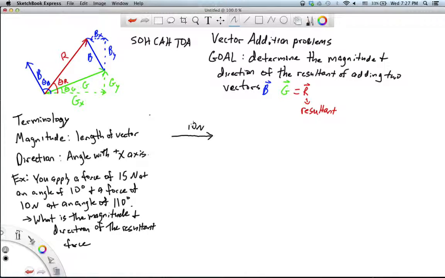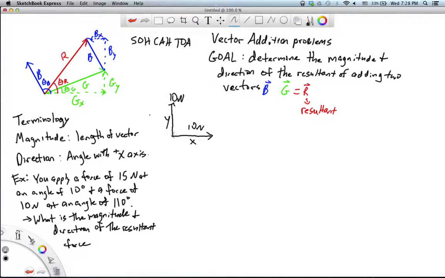If I also add a 10 Newton force vertically, the net force, the resultant force, where the person actually moves, is not 20. You can't just add this one and this one because they have direction. This is 10 newtons to the right, and this is 10 newtons upwards.